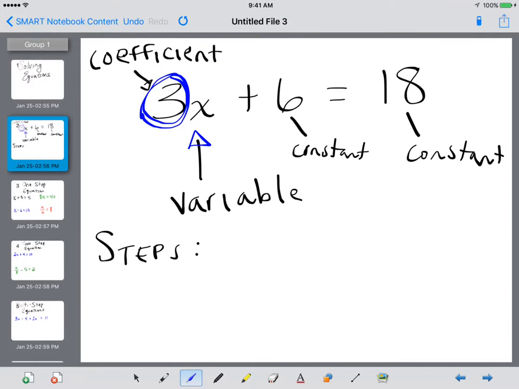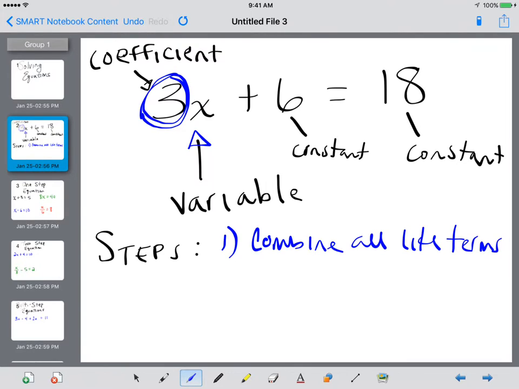And our steps to solving an equation is to first combine all your like terms, whether that be on the same side of the equation or opposite sides.